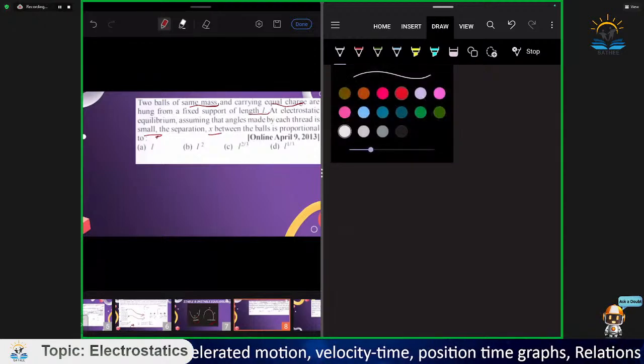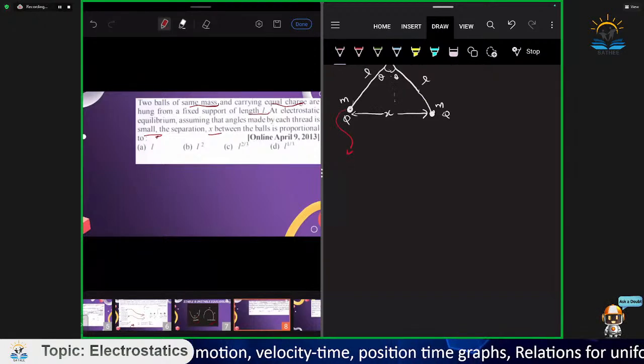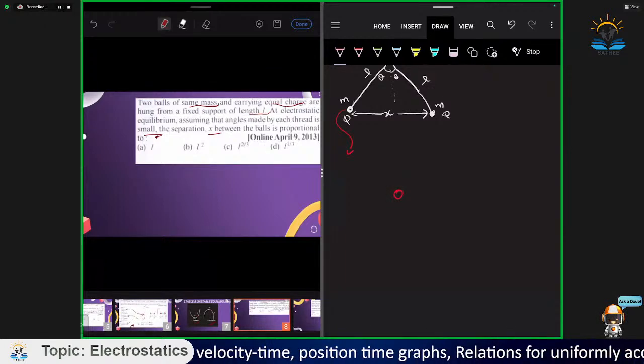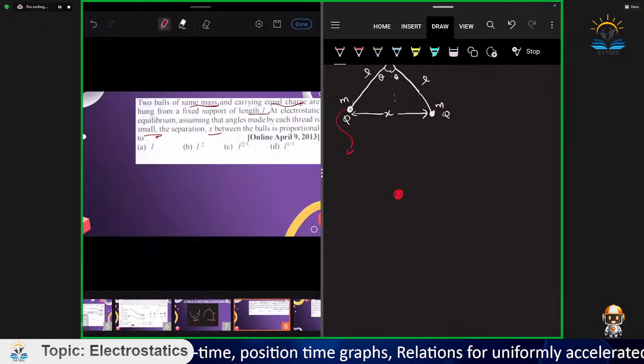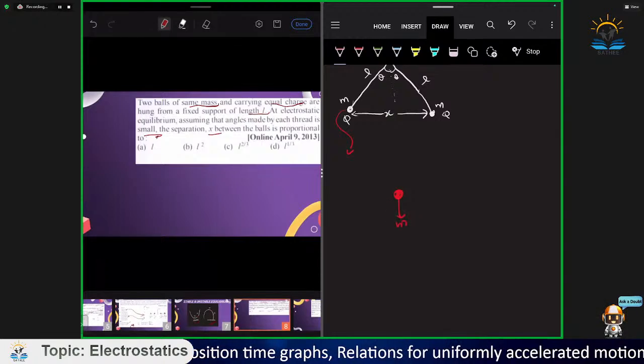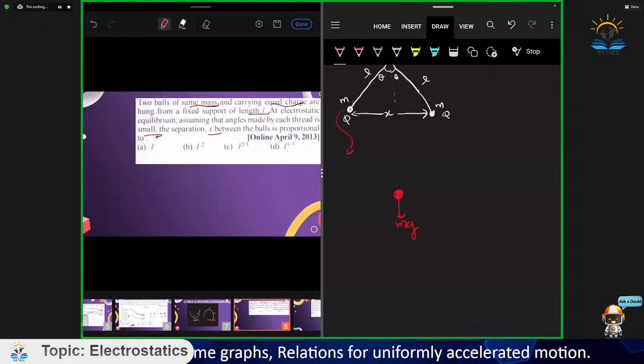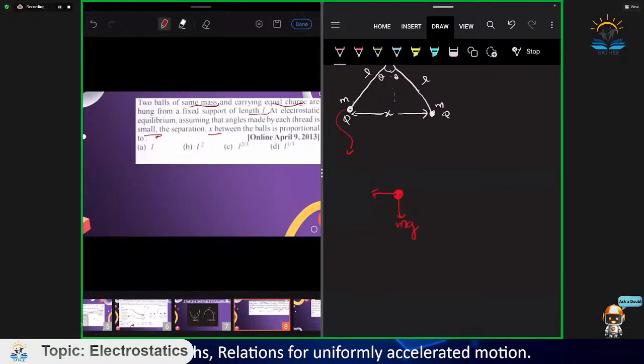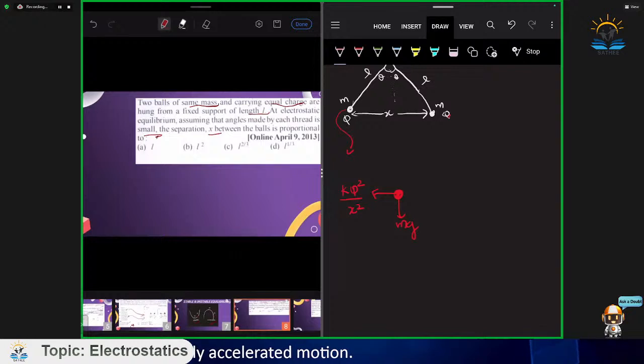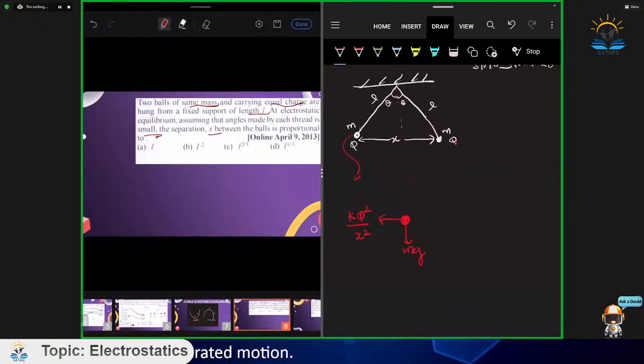So I'm taking this mass and the forces acting on it. I'm drawing those forces. In the downward direction, mg, and towards this direction, the repulsion force from this q, kq square by x square. This angle is also theta. Along the thread, tension will be there.